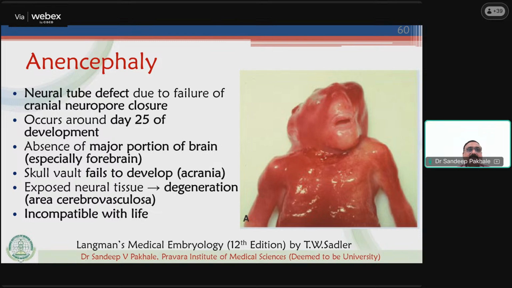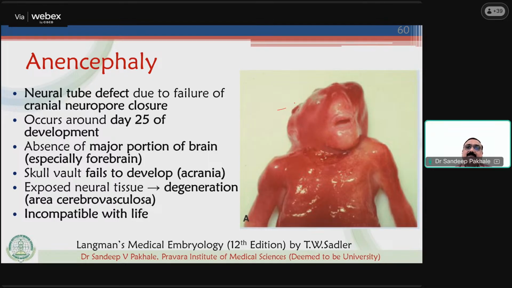Last time we also saw anencephaly, which comes under neural tube defects due to failure of closure of the cranial neuropore, which must occur at day 25 of development. This leads to absence of a major portion of the brain, especially the forebrain, along with failure of formation of the cranial vault.